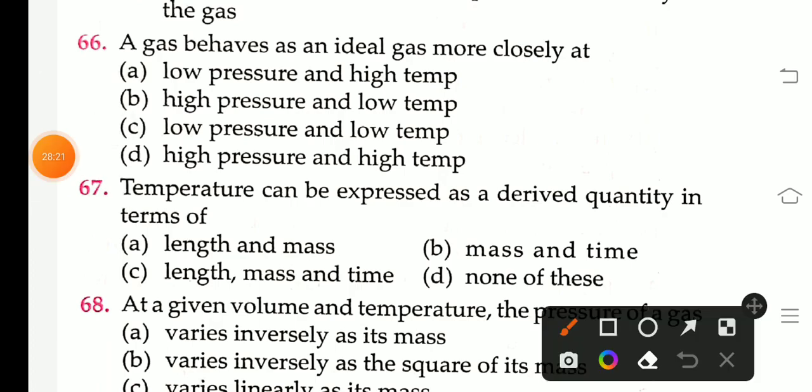Next, a gas behaves as an ideal gas more closely at, right answer will be option C, low pressure and low temperature. Next, temperature can be expressed as a derived quantity in terms of, right answer will be option D, none of these.